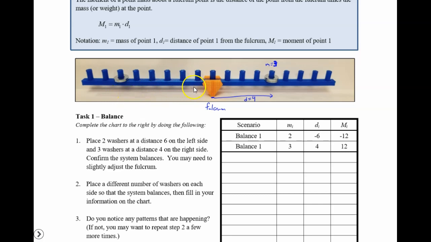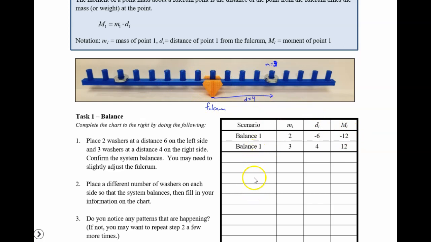And with a mass of 2, this results in a moment of -12. Again, this multiplied mass times distance, that's my moment. This one we already did, so mass of 3, distance 4, so that's a moment of 12. And those two together will balance.